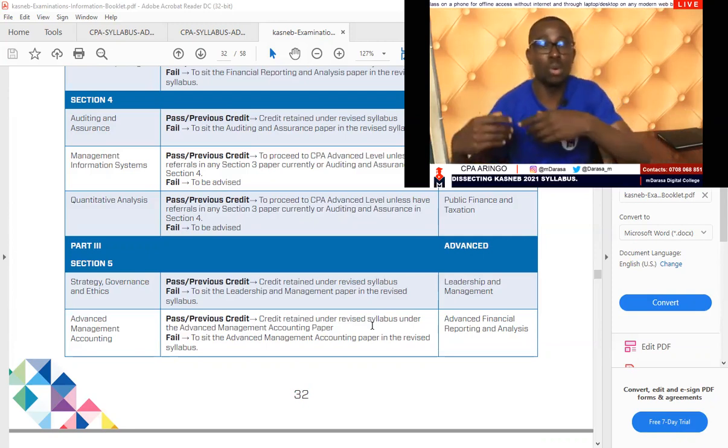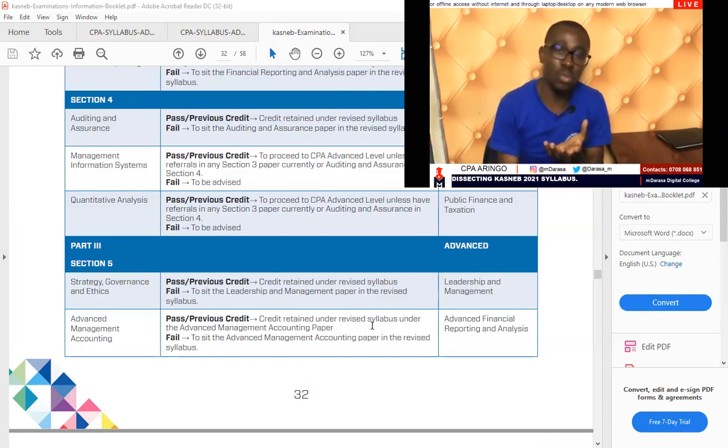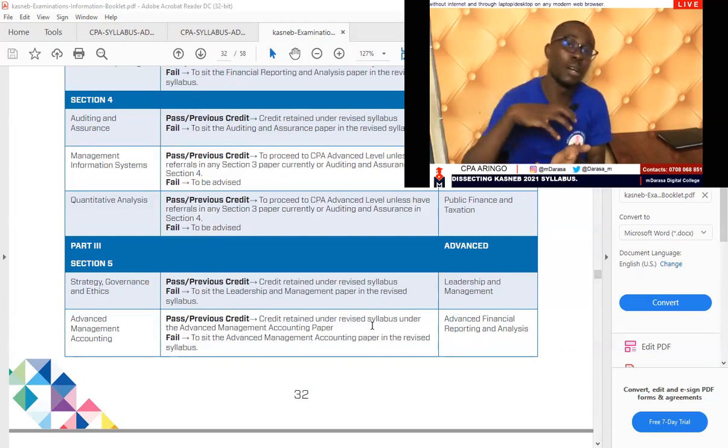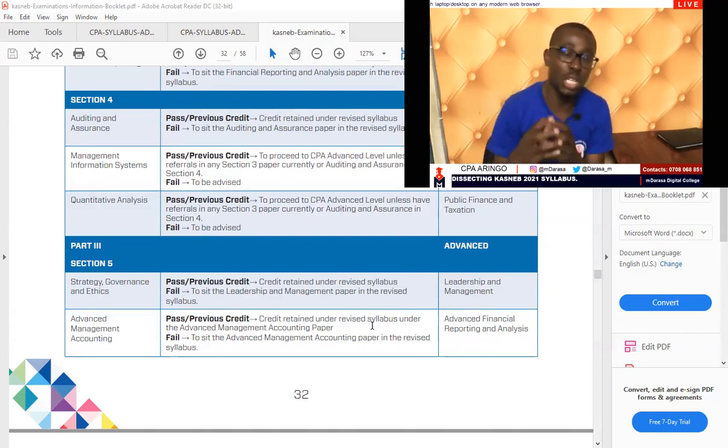That is where you're going to do specialization. You'll be subject to the units which were initially there and have been retained.